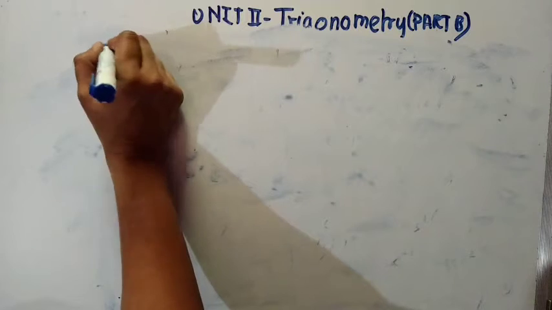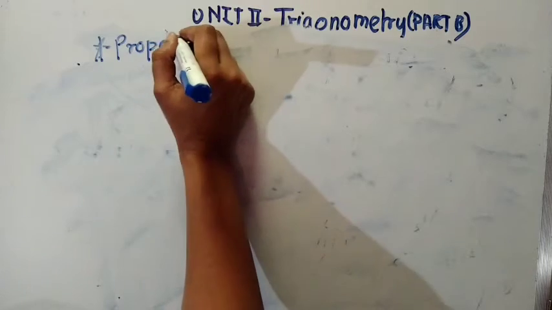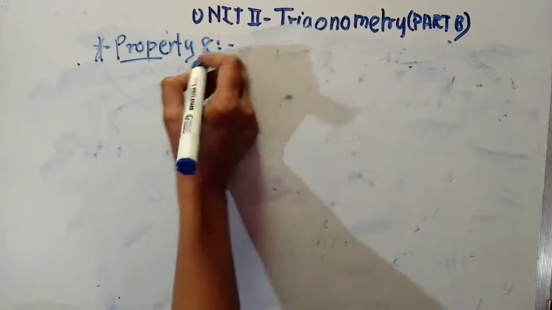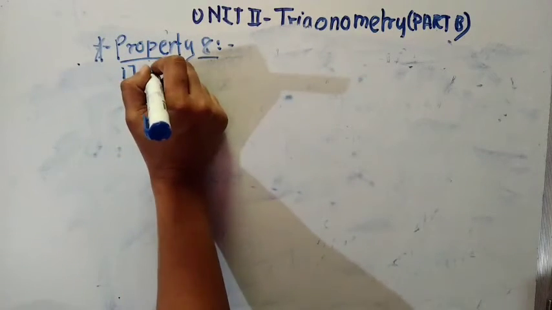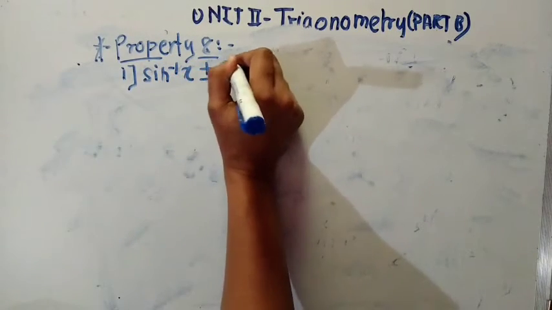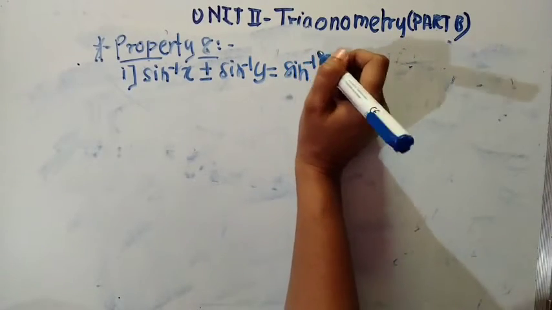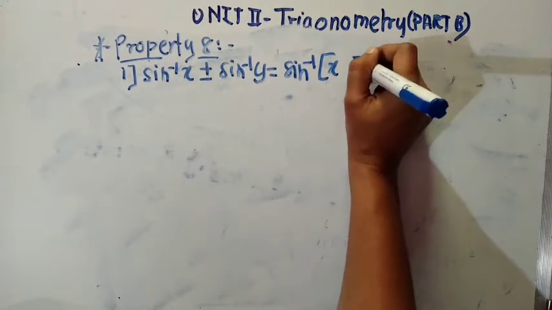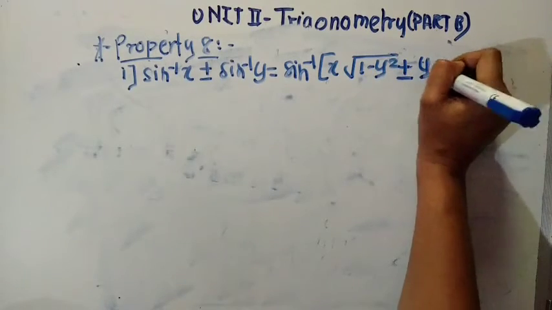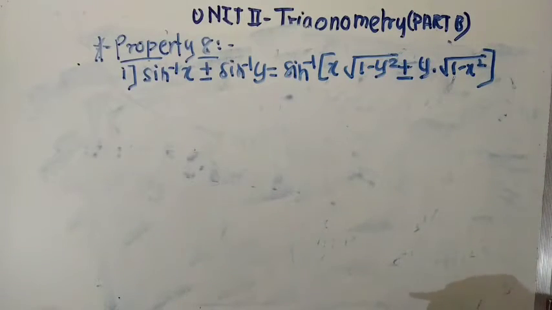Then the next property is property 8. In property 8, the first property is sin inverse of x plus or minus sin inverse of y is equal to sin inverse of x into root 1 minus y square plus or minus y into root 1 minus x square.